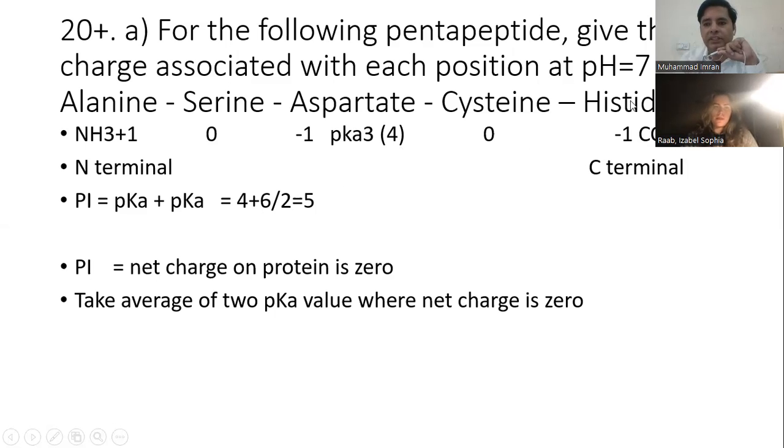Take the average of these two, and we have the pI. 4 plus 6 is equal to 10, divided by 2 is equal to 5. So the net charge on the protein becomes 0 at a pH of 5.